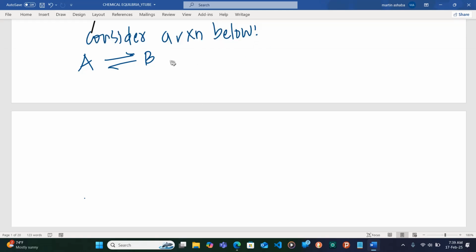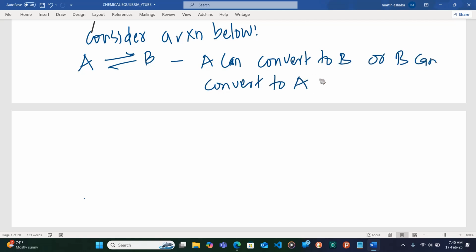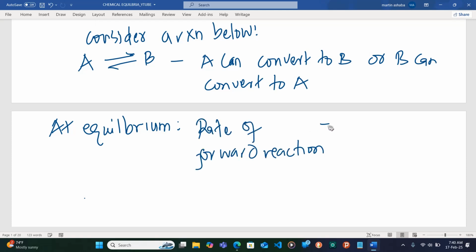So here we are saying A can convert to B or B can convert to A. Now at equilibrium, because this is what we are interested in, we'll find that the rate of forward reaction is equal to the rate of reverse reaction. So this is a very key concept that we must understand, that at equilibrium, the rate of forward reaction is equal to the rate of reverse reaction.